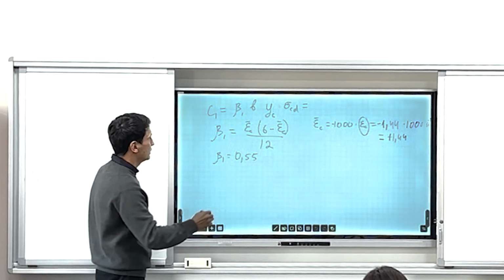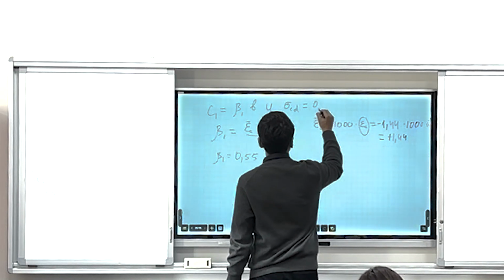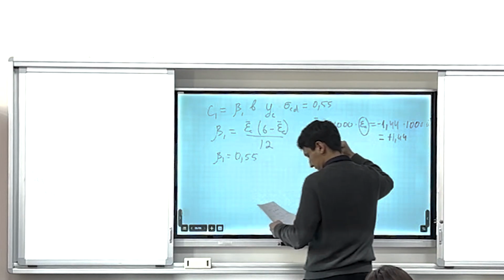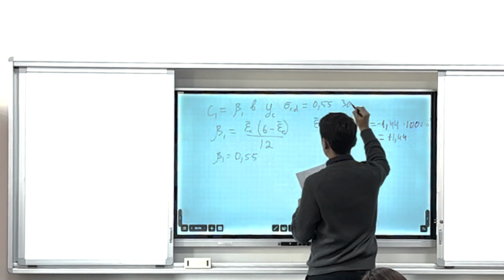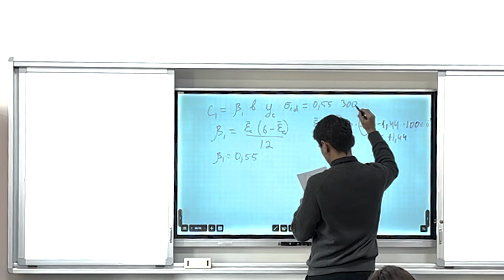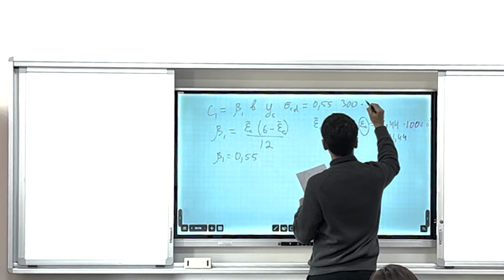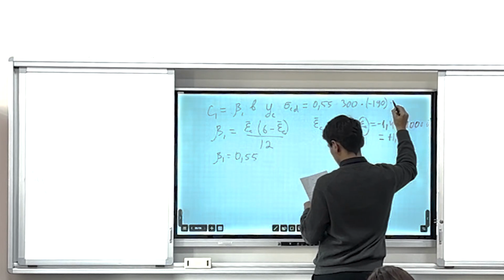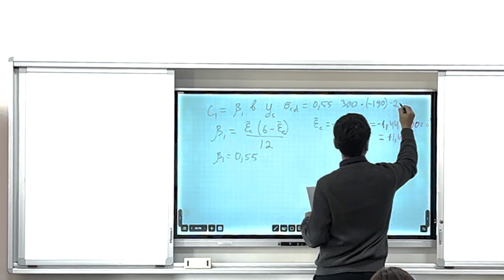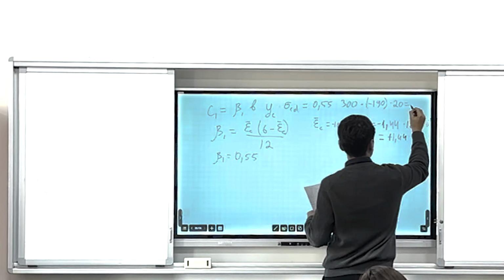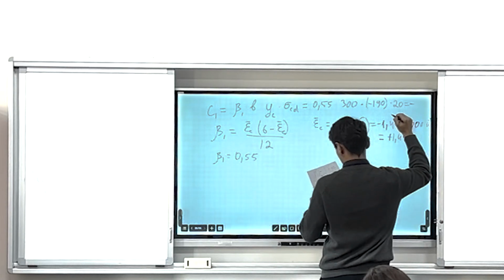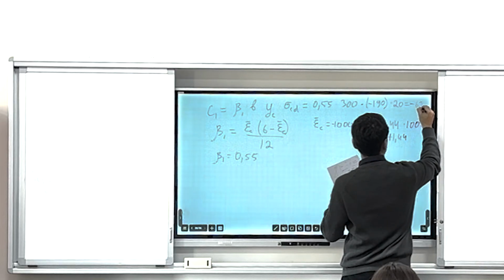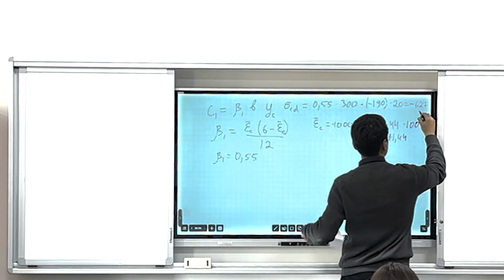We write 0.55 multiplied by B, which is 300, then minus 190, then sigma CD, which is 20. The value is equal to minus 627 kilonewtons.